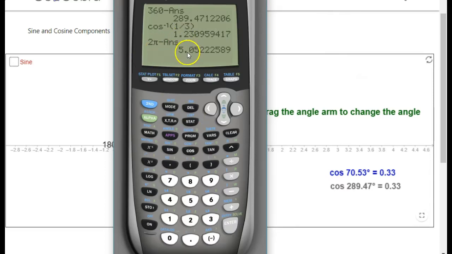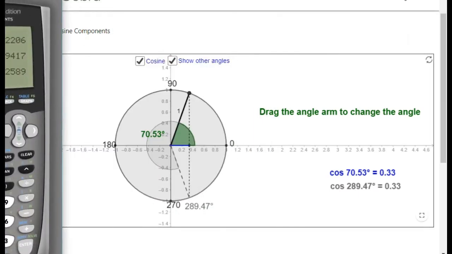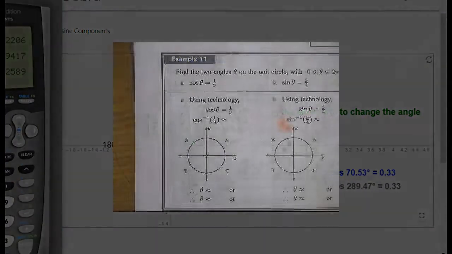So now those are the angles, but in radians. This first one's about 70 degrees, and this one is about 289 degrees. So that's what you're doing on this example right here.